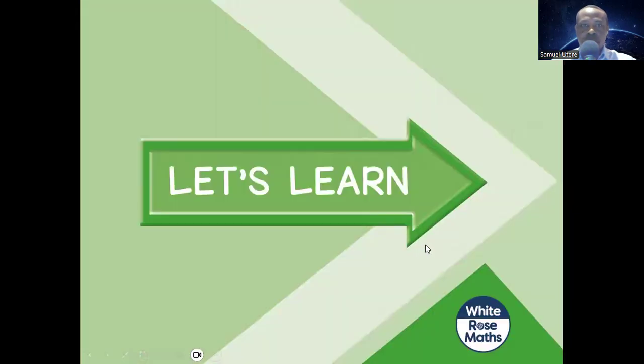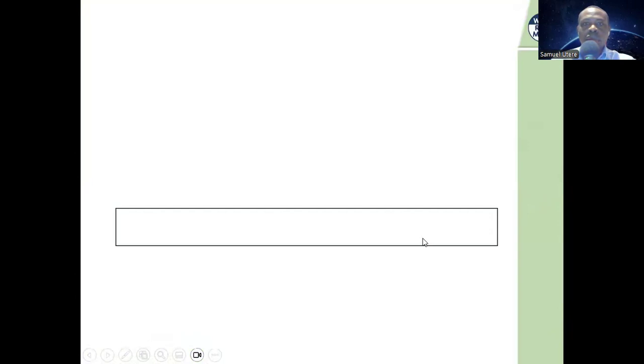Let's do some new learning. If I ask you to represent a tenth on this bar model, what would you do? Of course, you would split this bar model into 10 equal parts. So a tenth will be one part of the bar model shaded. Remember, a tenth is 1 divided by 10.